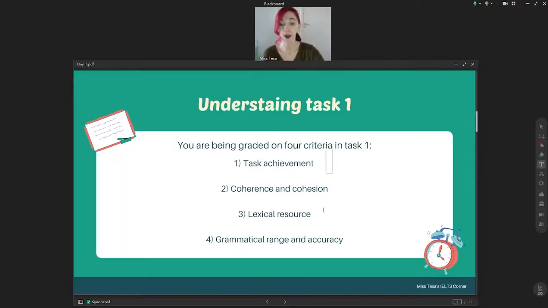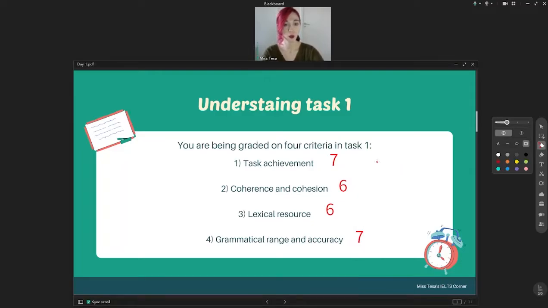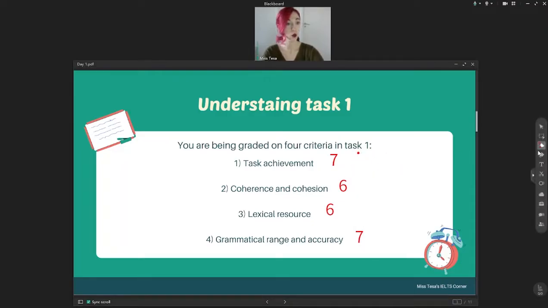So for example, if your task achievement is a 7, then coherence and cohesion is a 6, your lexical resource is maybe also a 6, and grammar is a 7, you would finally get a score of 6.5. Okay? So that's how your score is decided in the IELTS writing exam.